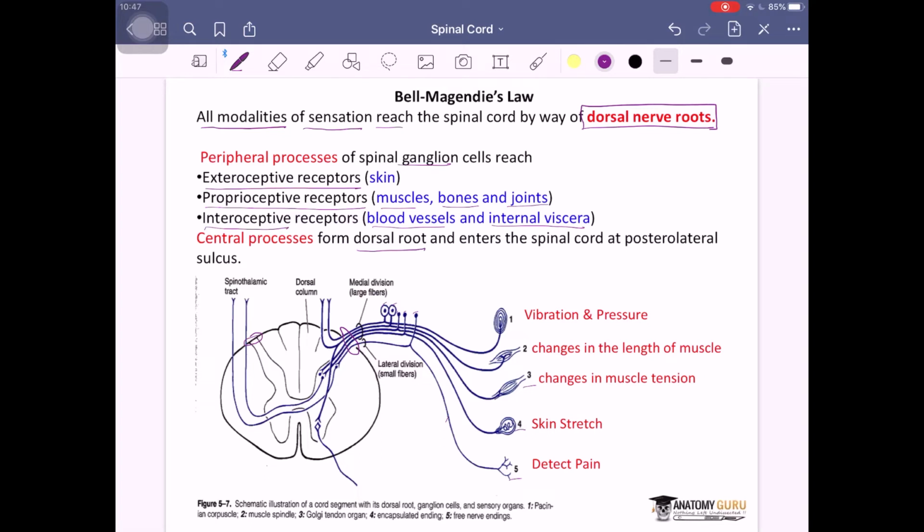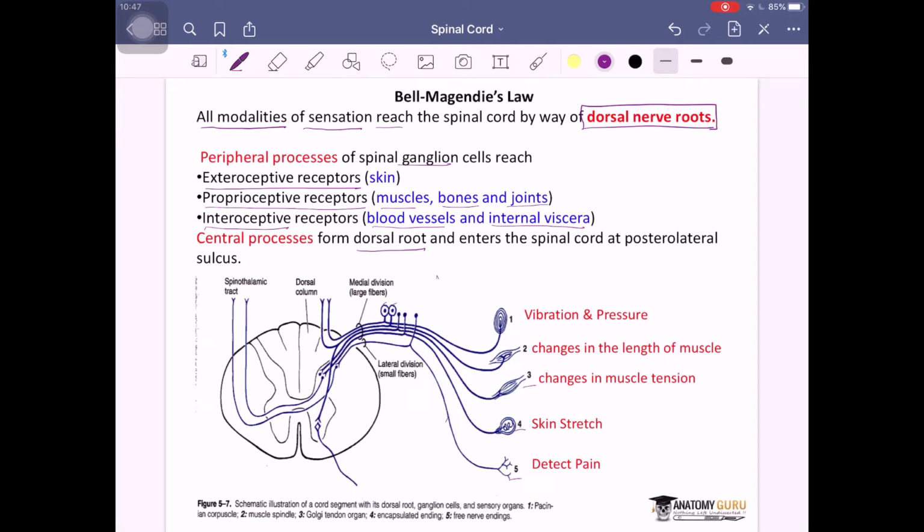It forms a root entering the dorsal horn, that is why it is called the dorsal root, and it enters the spinal cord at this sulcus, which we call the posterolateral sulcus. This was explained to you in your previous class. So all the central processes combined together form a dorsal root which enters the spinal cord at the posterolateral sulcus. I hope things are easy and clear so far.